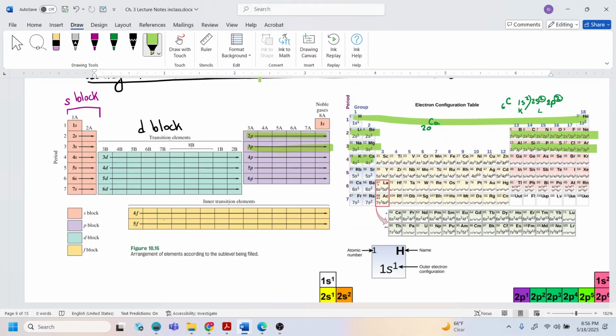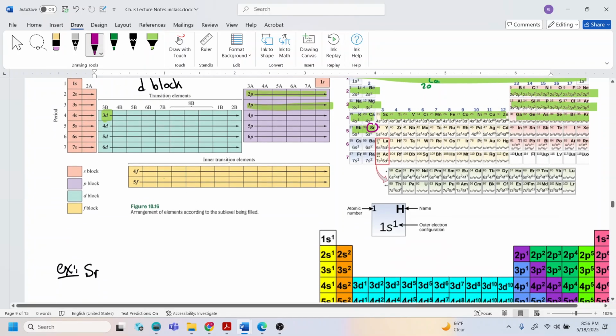This is the d block. It starts with the d, so I need all of that. This is 3d10, and then this is 4p6, and this is 5s2. I'm just going to stop here at the Sr.